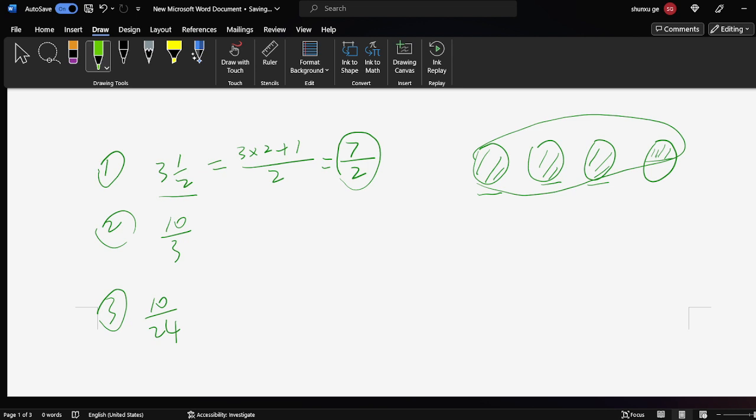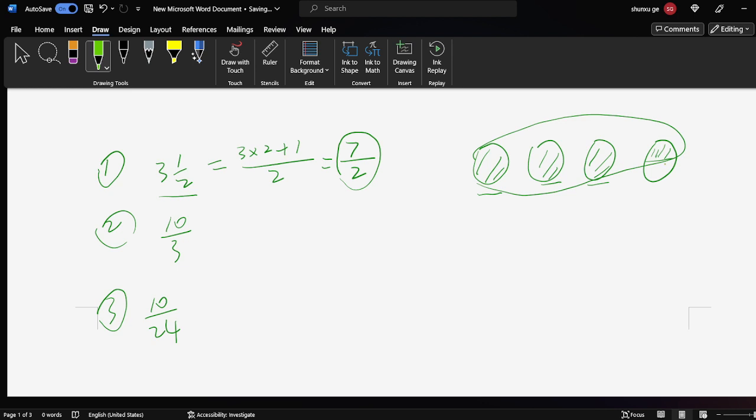You know that totally it is 3 and 1 over 2, so I ate this many pizzas. This is the mixed fraction, but this is the improper fraction. Why is it the same? So now I show you.